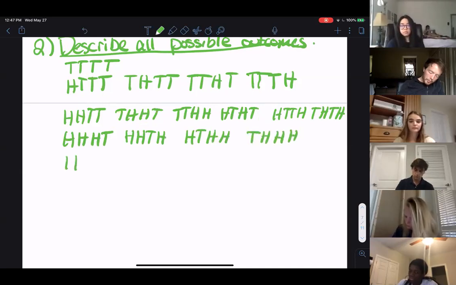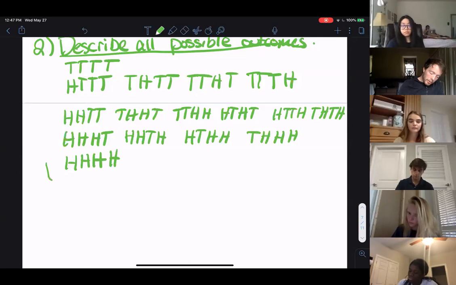And we could get 4 heads. So this is every single possible thing that could happen if we were to flip a coin 4 times and record heads or tails and in what order.